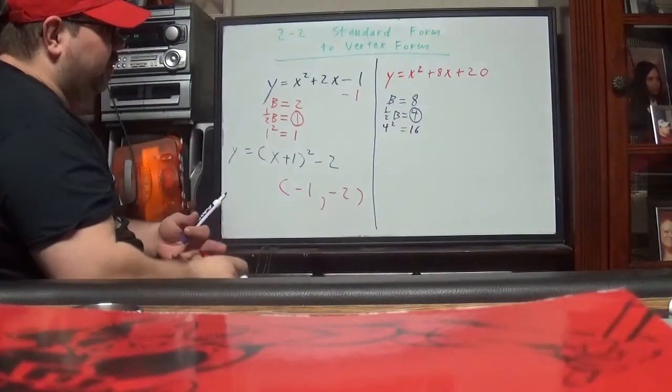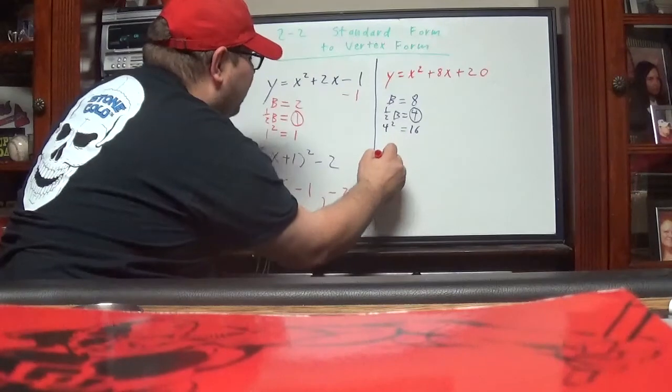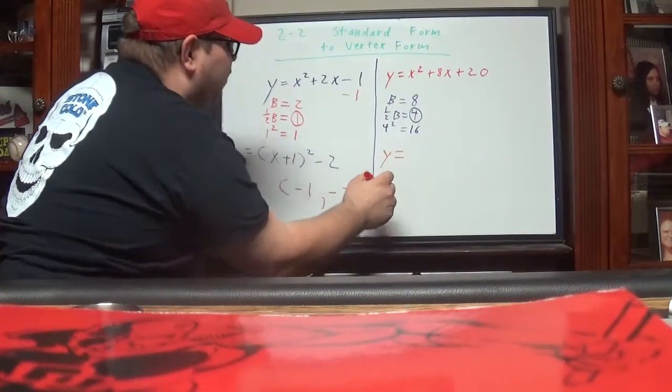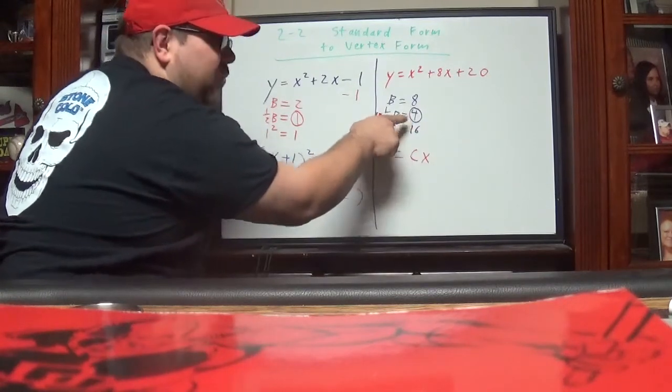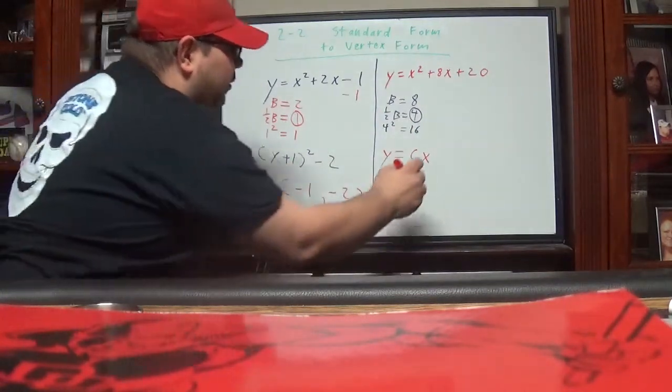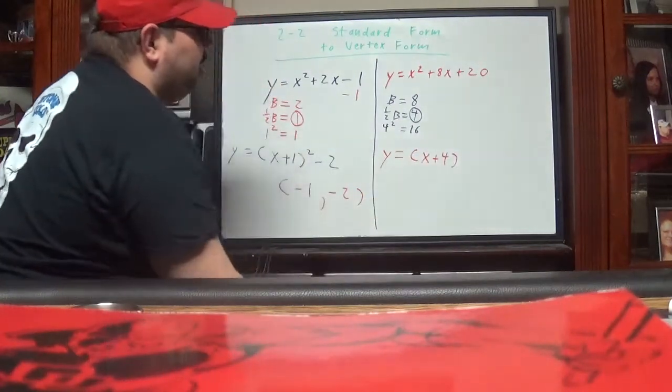So now I have all the information I need. I'm going to write my equation as y equals the quantity of x plus 4, because 4 is circled, squared.